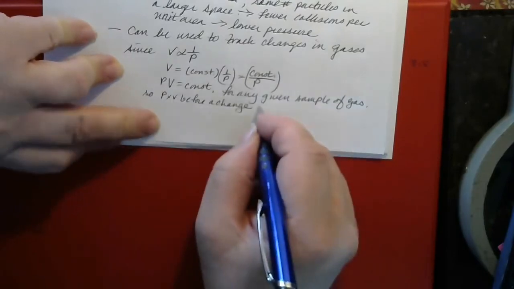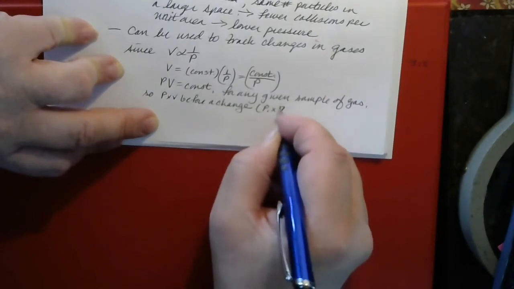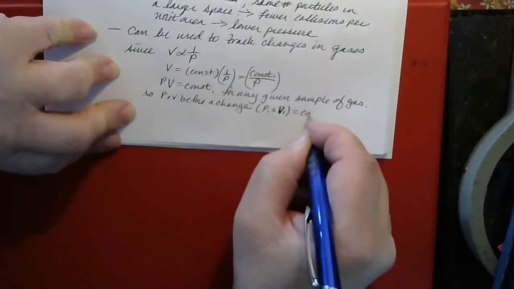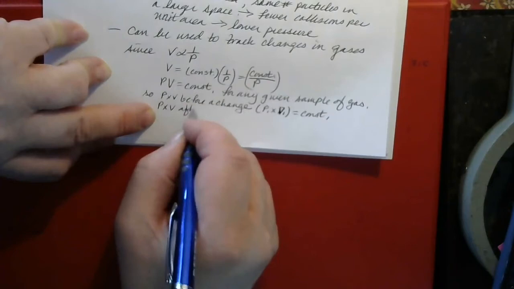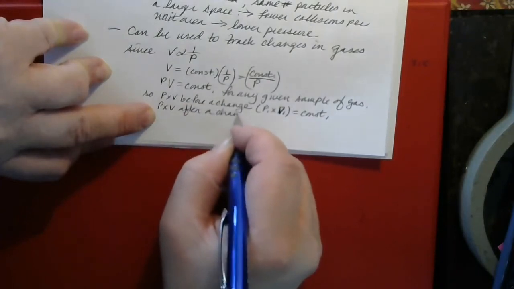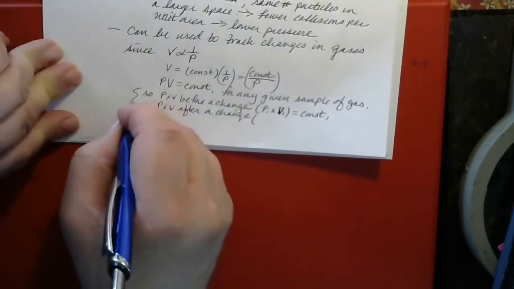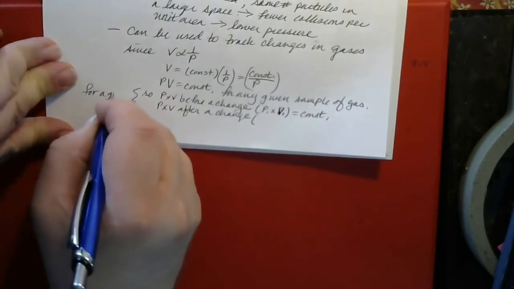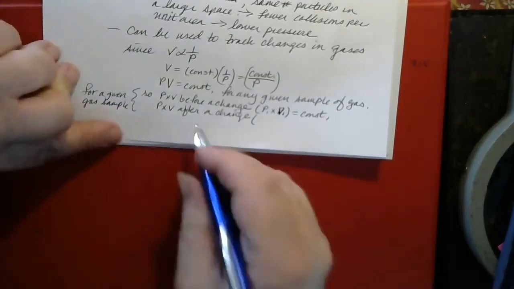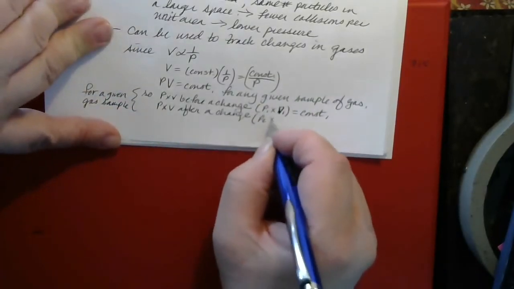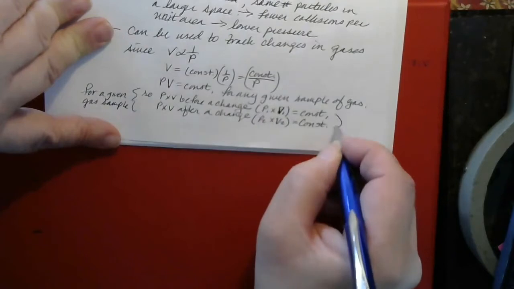So say pressure times volume before a change, which we'll call P1 times V1, is going to be equal to that constant. And pressure times volume for that same gas sample after a change, which we'll call P2 times V2, will be that same constant.